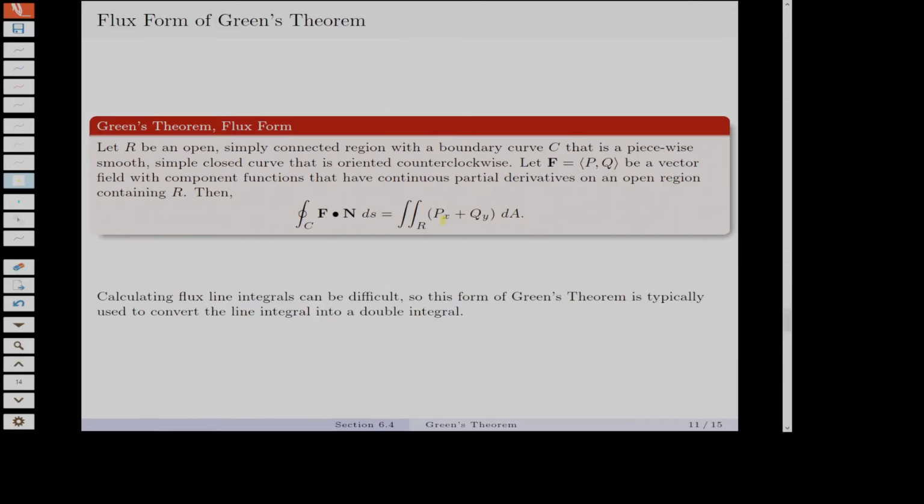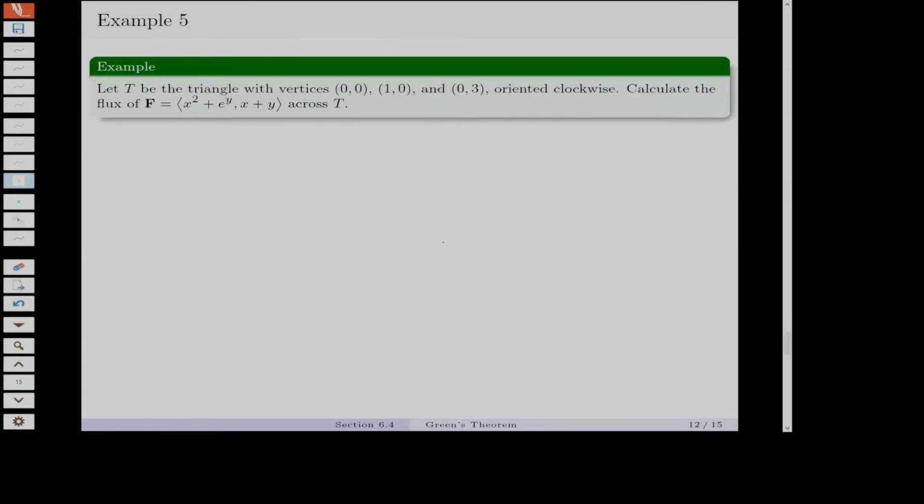this form can be a little bit difficult to work with. The line integral dot n can be kind of rough. So this is typically used to go the other direction, go from something hard to something easier. Okay, so let's look at an example. And what we're going to want to do is move towards that double integral.